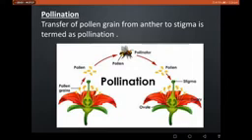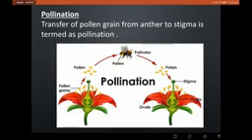There are two types of pollination, that means self-pollination and cross-pollination. In self-pollination, pollen grains from the same plant reach the stigma. In cross pollination, pollen grains from one plant are transferred to another plant's stigma.